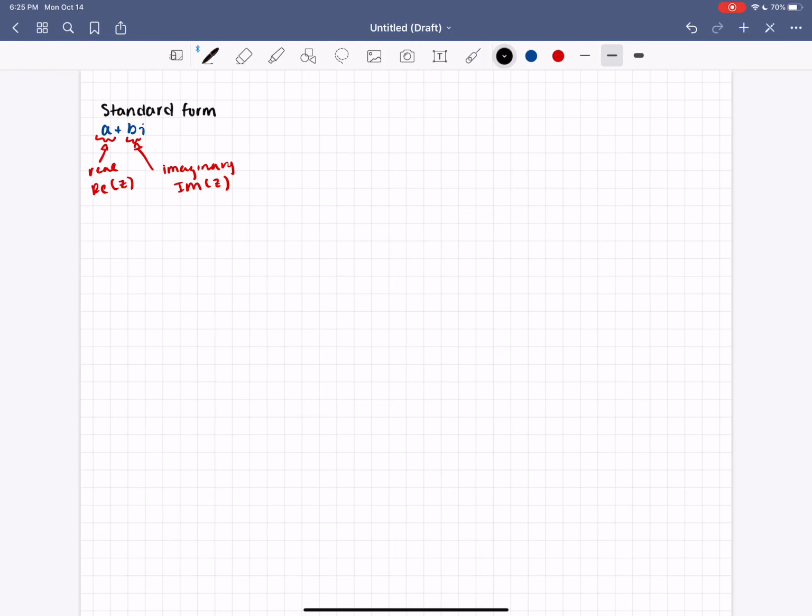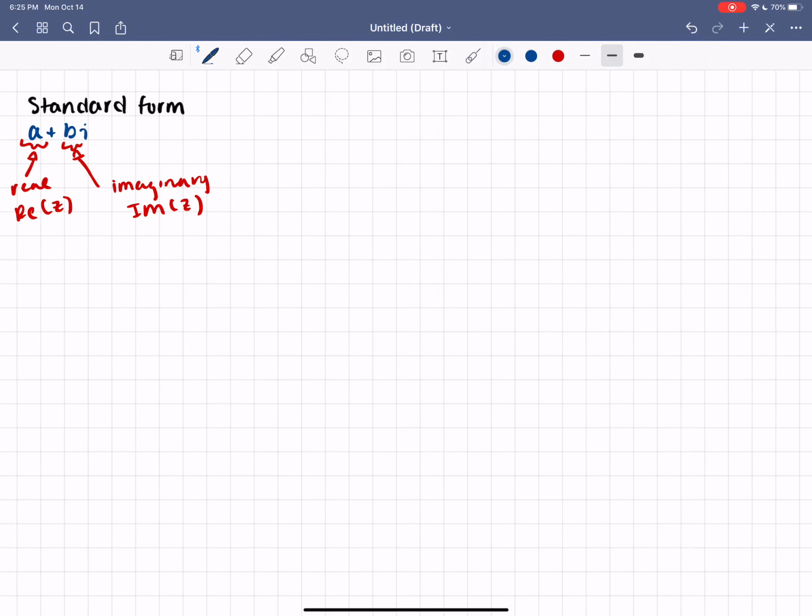And so given that we have this standard form, we can also draw or sketch what this complex number would look like on a Cartesian plane. So say I had this. My real axis is right here, and my imaginary axis is up here.